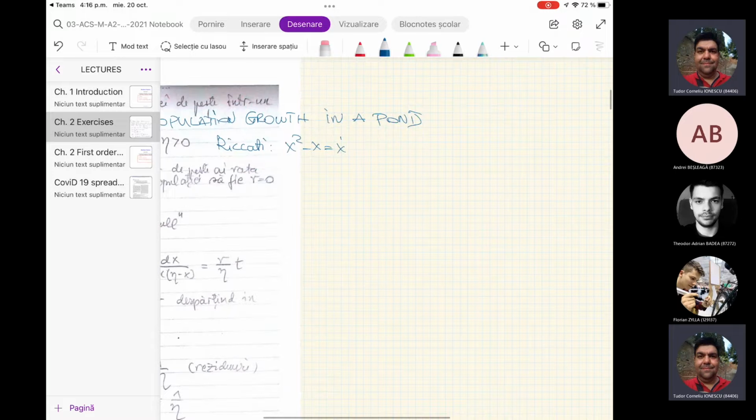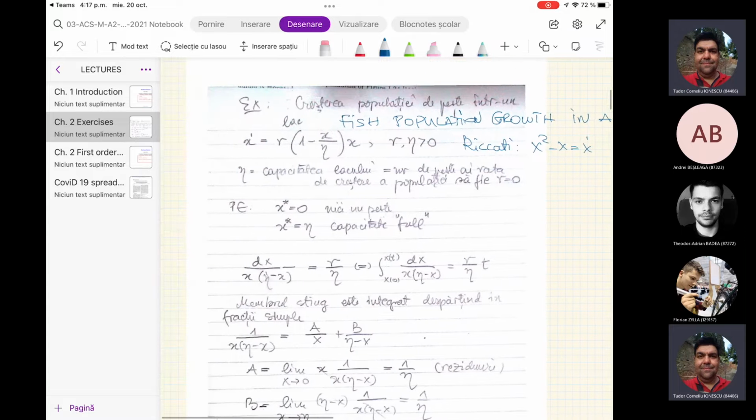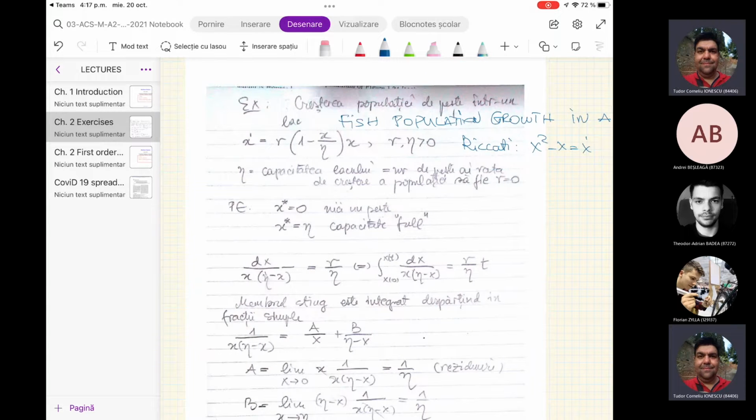Whereas the fish is x dot is minus x plus x squared. You see? So there is a change of sign. Okay. So this is totally changing what's going on here.